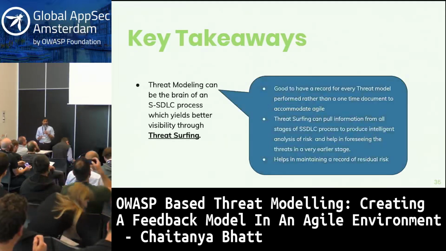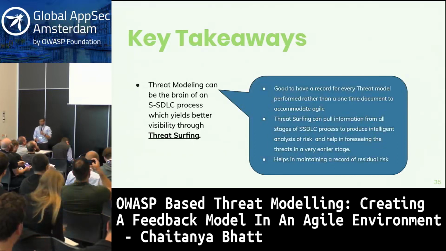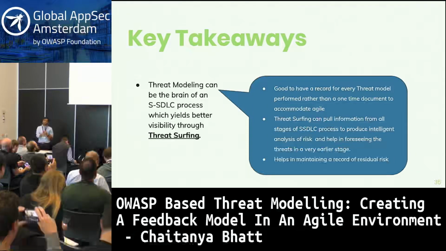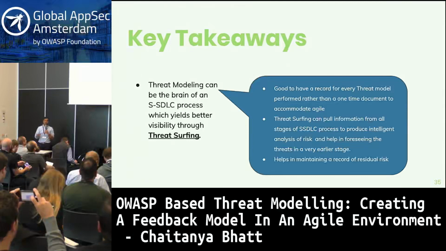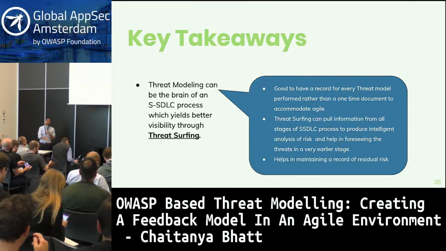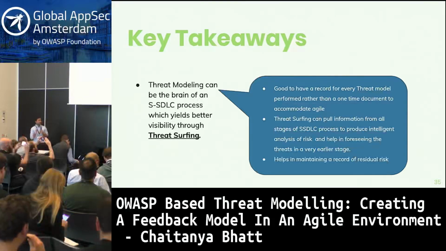Third, threat modeling can be the brains of the SSDLC process, and that visibility can be achieved by a tool like threat surfing. It helps you maintain the record of your residual risk. If you remember, during the balancing risk slide, we talked about how you can identify the existing risk.